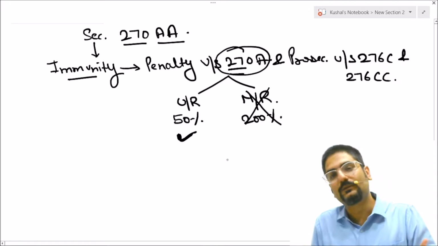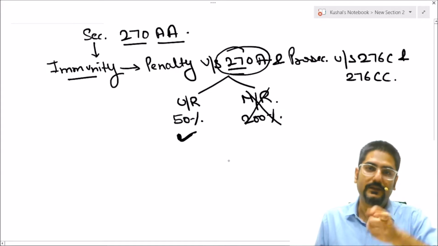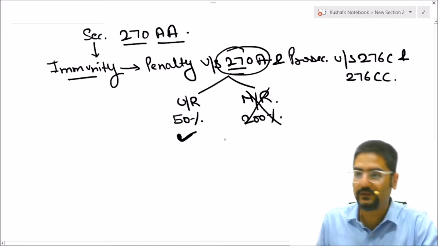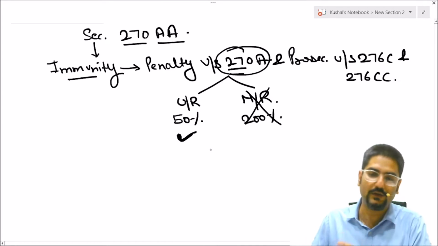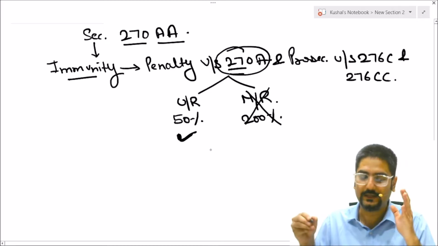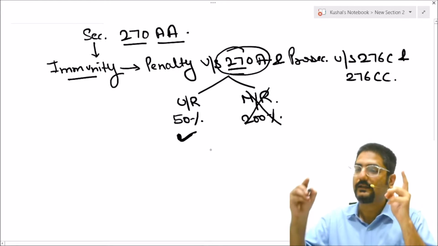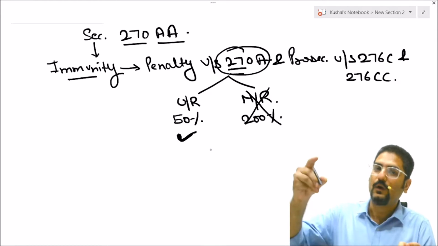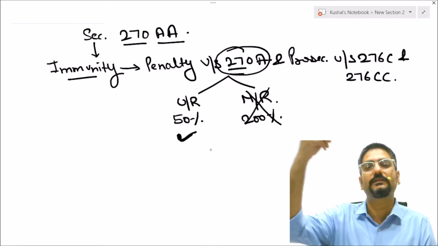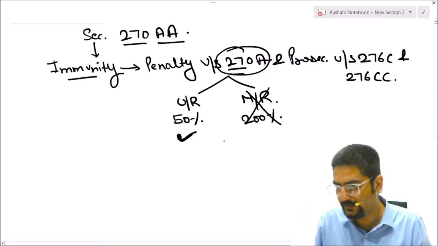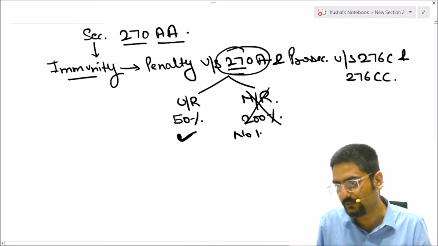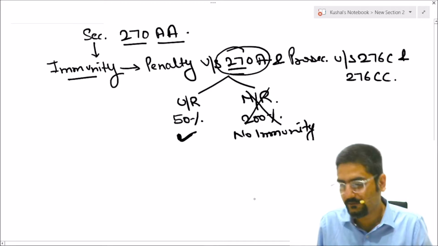So if in your case it is a penalty for misreporting, then immunity cannot be granted either in this section or in any other section of the Income Tax Act 1961. For misreporting, no immunity. Sorry, this option is not available.